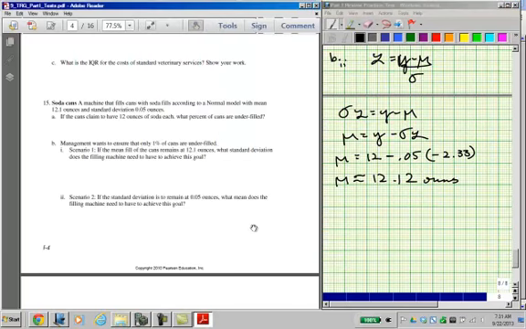So the standard deviation remains 0.05. The mean has to be 12.12 ounces for 1%.